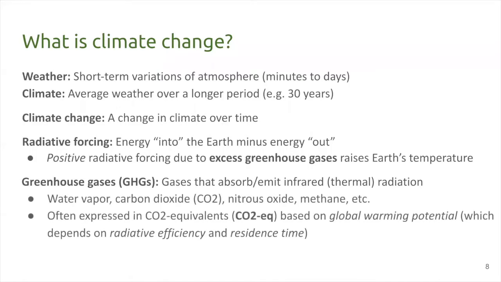There are a number of greenhouse gases that are present in the Earth's atmosphere. Water vapor is actually the most common. It makes up 90% of greenhouse gases by volume. But the ones that we tend to think a lot about when we talk about climate change mitigation and adaptation, which are terms I will define in a moment, are carbon dioxide, nitrous oxide, and methane.